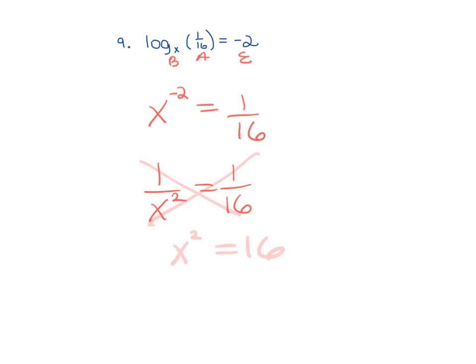I square root both sides. Now tomorrow, you would tell me plus and minus 4. But because this is a log, I'm going to throw away the negative. But tomorrow, you would tell me both. How can you throw away the negative? Oh, that's right. We don't want to do a negative log.